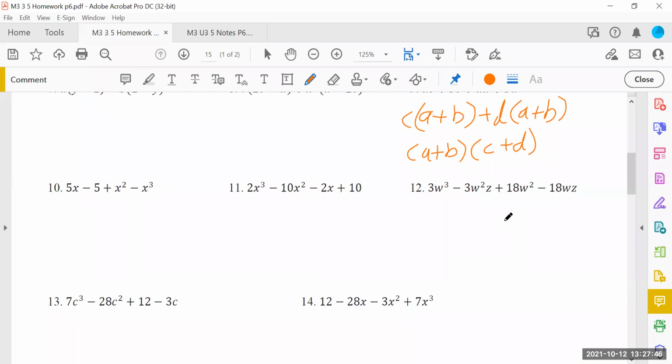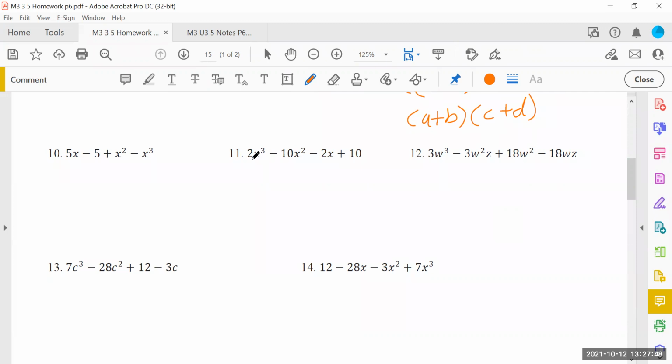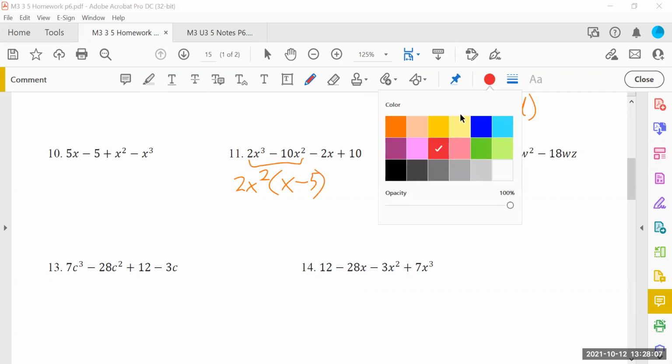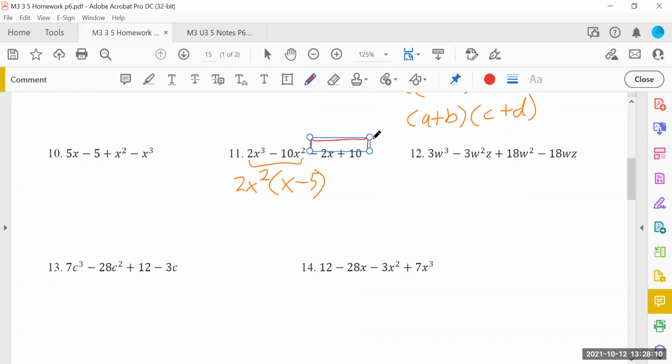Last one, number 11. What do we take out of the first 2 terms? What do they have in common? 2x squared. Again, some of you saw the 2, the x, we need all of it. 2x squared, x minus 5. Second set, what are we taking out of those? 2, and I would take out the negative 2. If you don't take it out now, you're going to have to take it out eventually. So negative 2, leaving us with x minus 5.